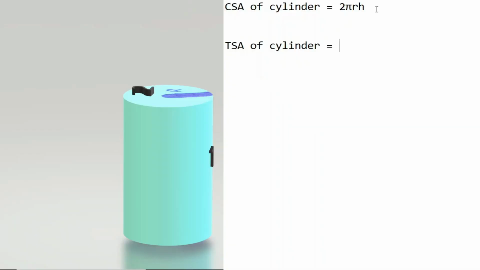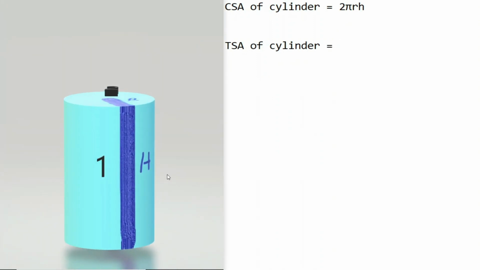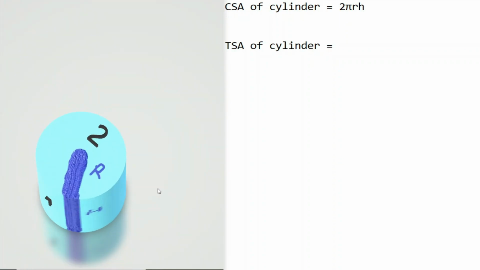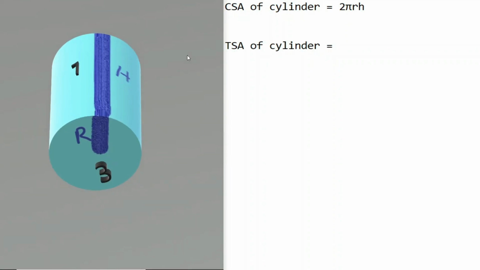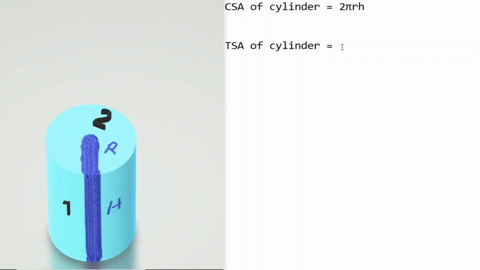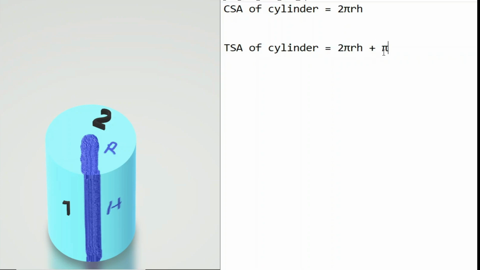Now the total surface area of a cylinder is the area of this curved section and the area of this second circle and third circle, right? We know the area of a circle is pi r square. So we will add the area of these 2 circles to this curved surface area, that is 2 pi r h plus pi r square plus pi r square, right?